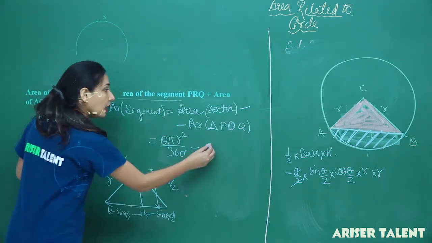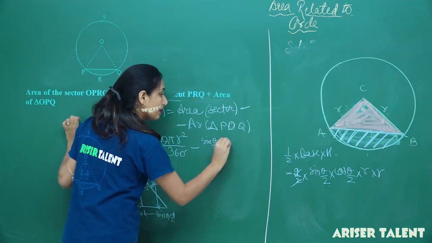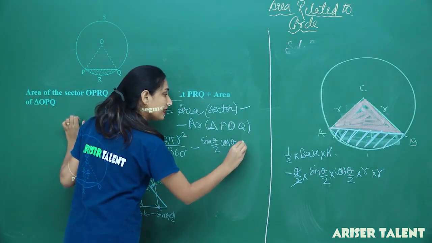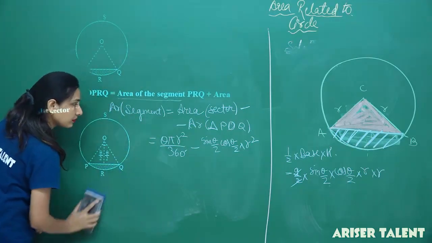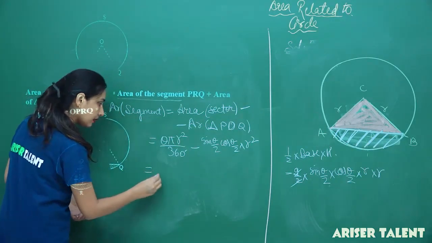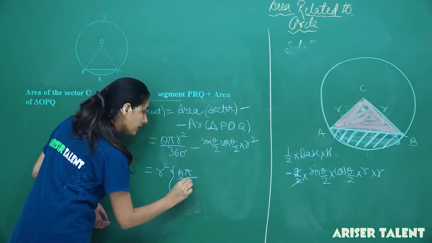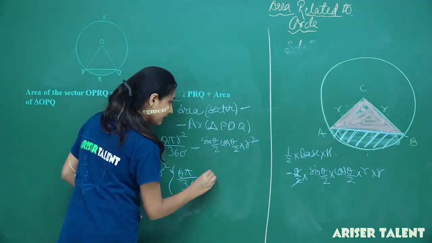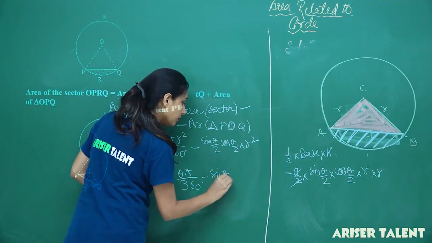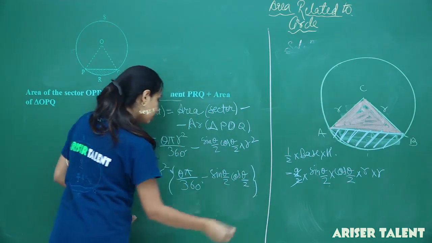So I can cut it short and write it with R square as common: theta pi by 360 minus sin theta by 2 cos theta by 2. So it's just simple, students.